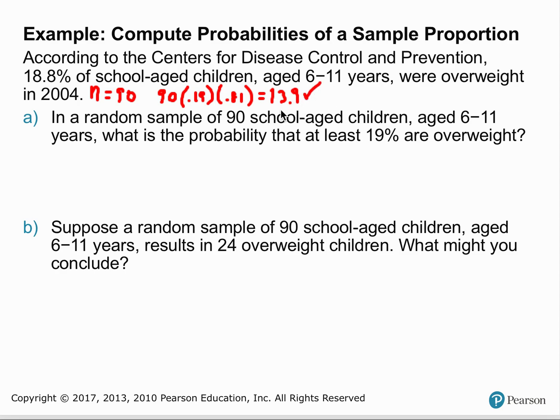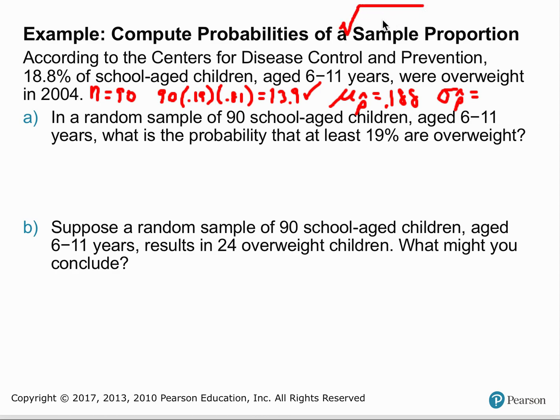Okay, so now I know that the mean, mu sub p hat, is 0.188, and I can find sigma. I'll write it up here just so maybe we can see it.